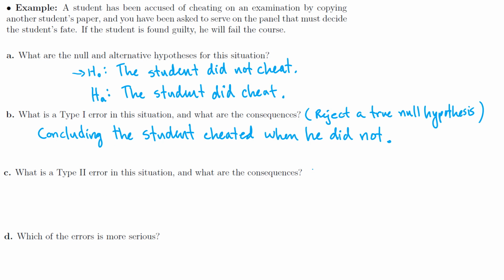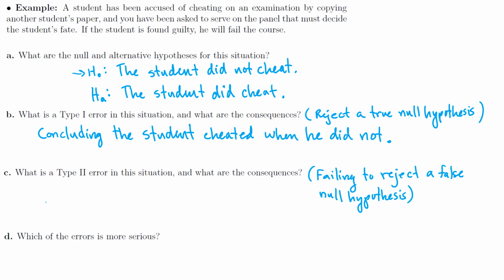A type 2 error, remember what that is: failing to reject a null hypothesis that is false. We want to reject false null hypotheses, so a type 2 error would be failing to do so when it is in fact false.